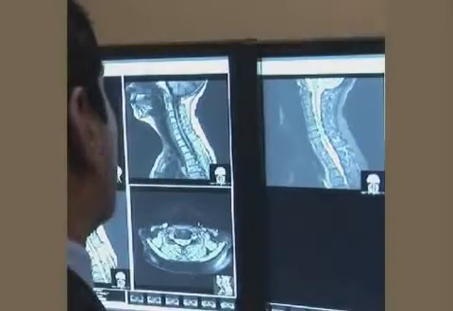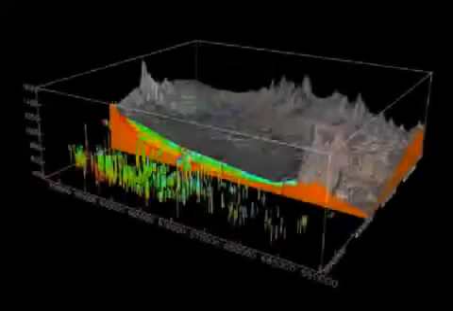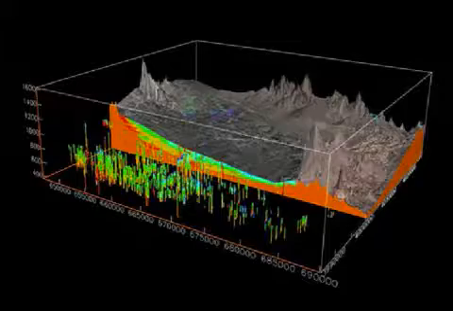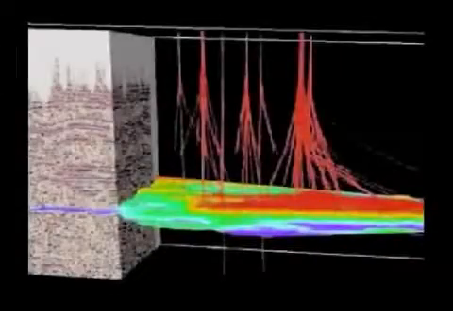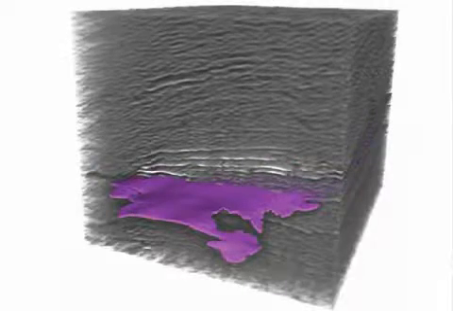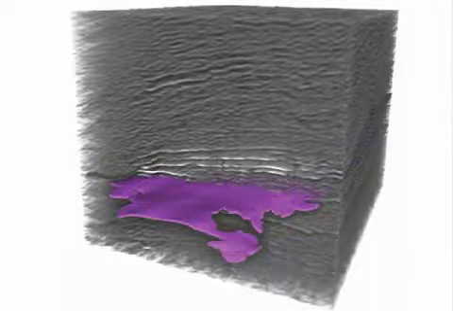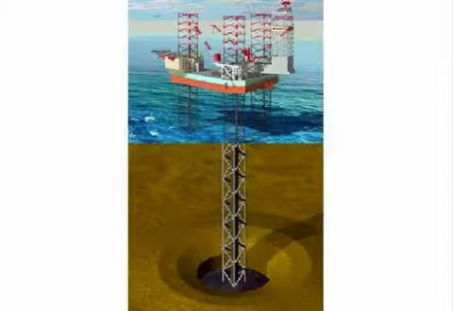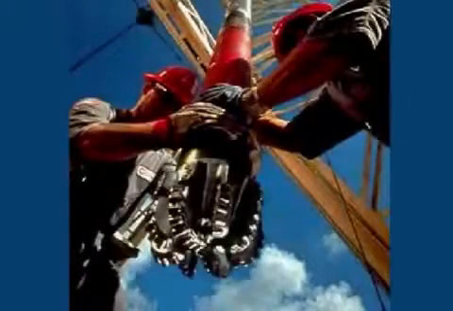Like a radiologist with X-rays, geoscientists must rely on their knowledge and experience to interpret what the data is representing. Let's look at some examples of data interpretation. They will help you make decisions about exactly where to drill a well.